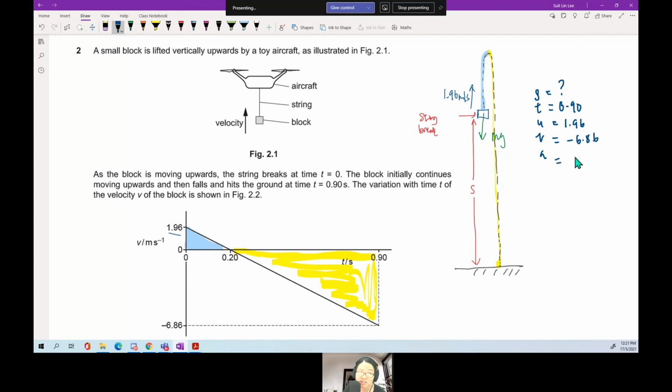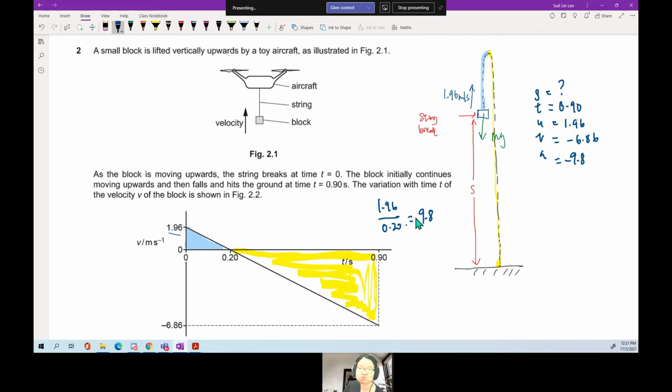We even have acceleration, I presume is negative 9.81. But since they never give me, I can find it, because 1.96 divided by 0.20, is it 9.81? Oh, it's 9.8. So let's assume that, and it's negative, by the way.